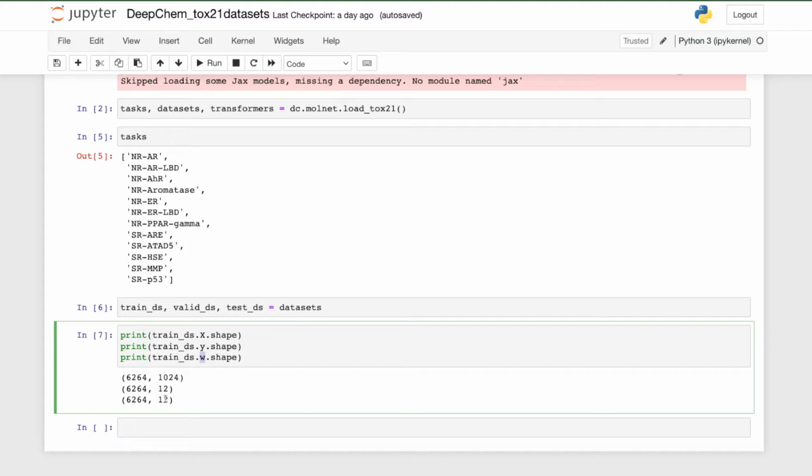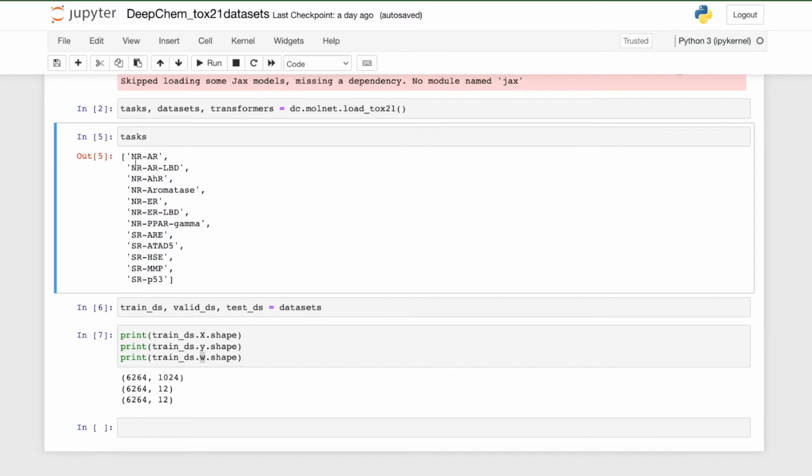The weight here gives us a specific weight number that has to be multiplied when you are training the model. A lot of the time, the researchers, when they created this data set, did not test the molecules across all these targets.